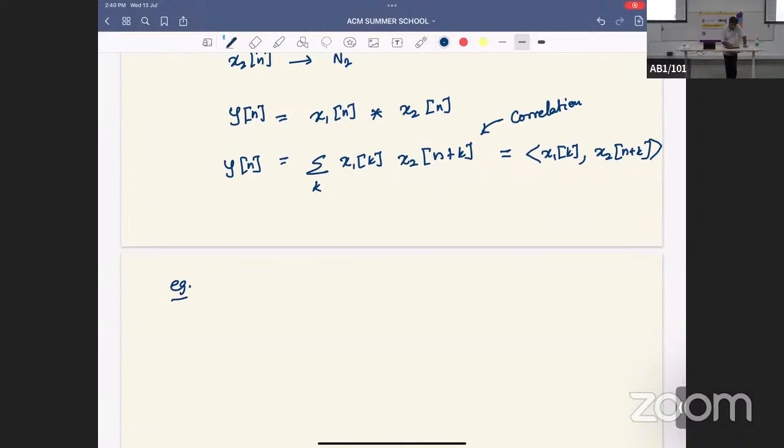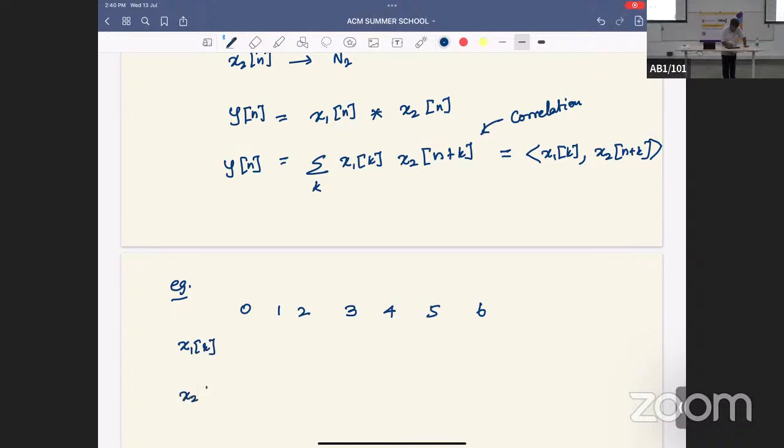Let me mark the indices 0, 1, 2, 3, 4, 5, 6, right? Always we index the sequence using integers. Then let me write down x1 of n and x2 of n, or in other words, in our dummy notation, we will write it as k.